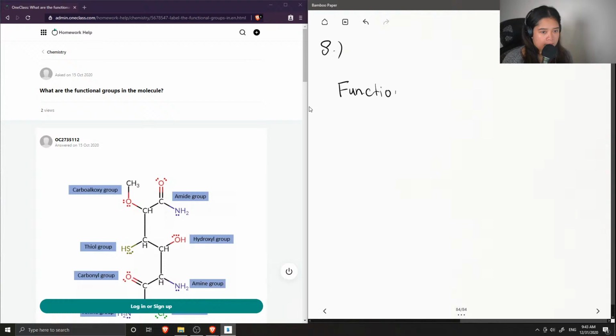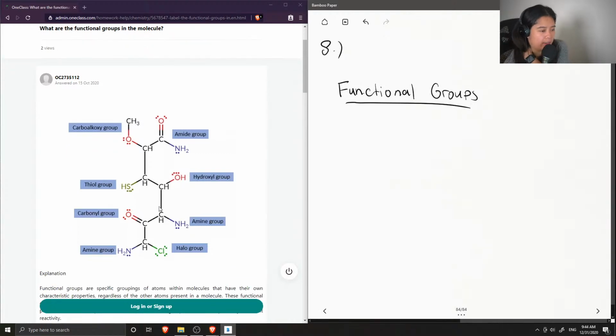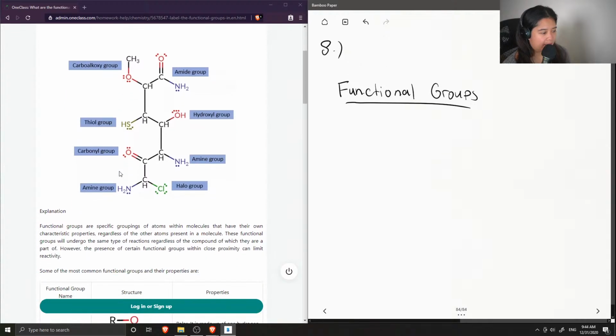So it doesn't look like they show a molecule, but I guess what the junior tutor said was they just showed almost all the different functional groups you can have ever in a molecule. So this is a very large, probably fictional molecule that they have here, showing all the different types of functional groups that you could have.